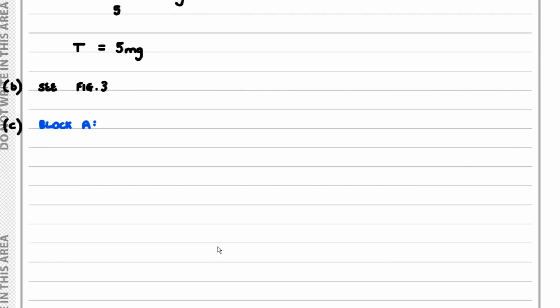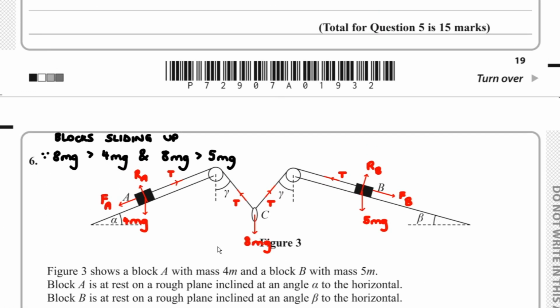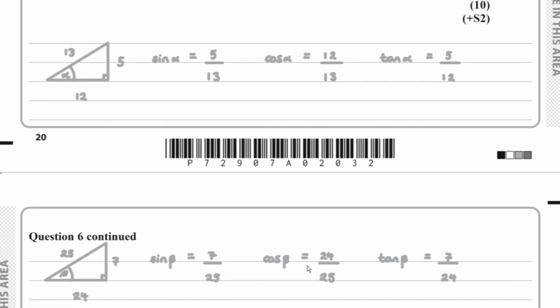So, if we take a look at block A, let's resolve parallel to the plane. Resolving parallel, we've got T going up and then we've got the weight component going down, and we've also got the friction force going down, and that will all equal 0 because it's in equilibrium.